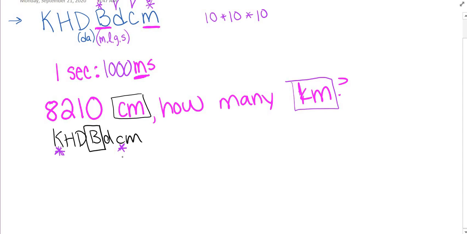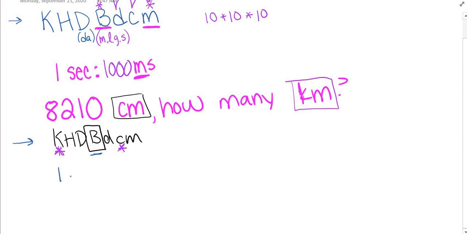Well, we cannot go straight from C to K, so we have to take a pit stop. We're first going to go from C and then we have to get to B. So we have to figure out how many base units are in how many centimeters. Remember, we read it left to right, so we run into our base unit first. If we read KHDB, we read our B first.